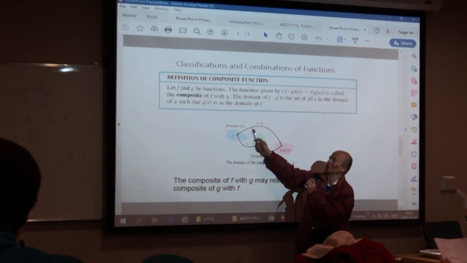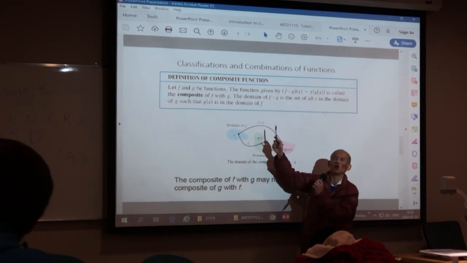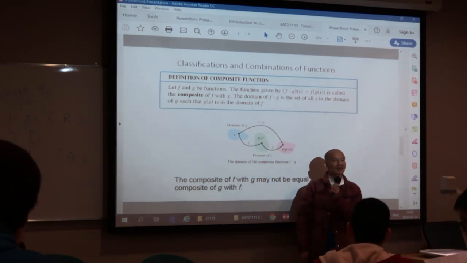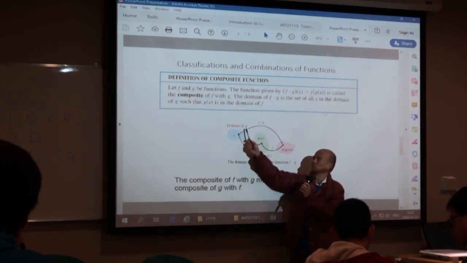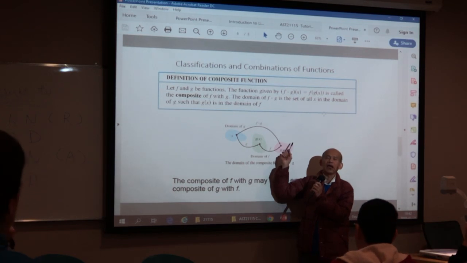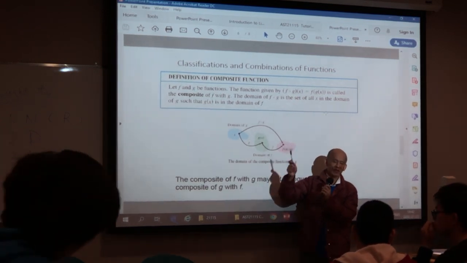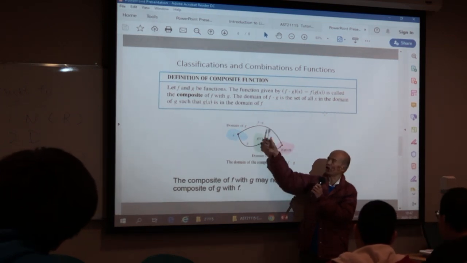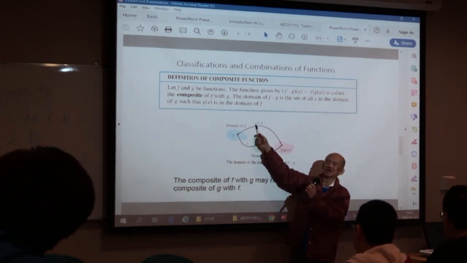The whole result is another function. It will fulfill all the characteristics of a function. Namely, for any input, there must be an output in the range, and the output must be unique. So it fulfills both characteristics. Therefore, this one is a function by itself.